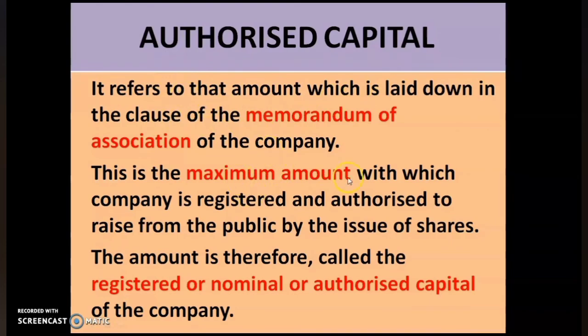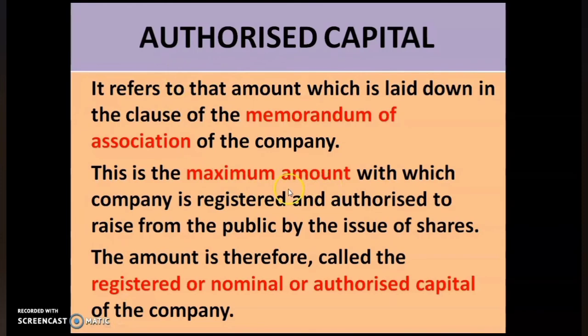Okay, that is the maximum amount which a company is registered and authorized to raise from the public by issue of shares. By issuing the shares, the company can raise the money or capital. And authorized capital is the maximum amount. Beyond that, the company is not permitted to take or issue the shares or raise the money from the public. Authorized capital is a maximum amount.